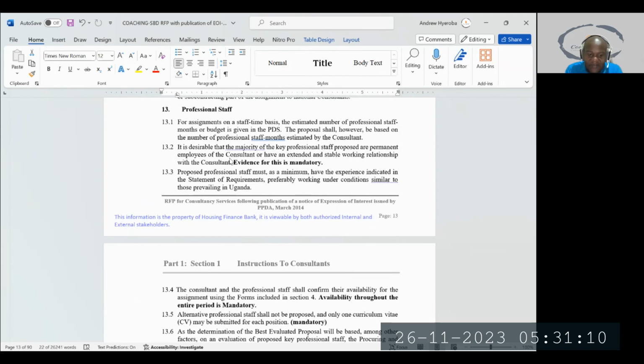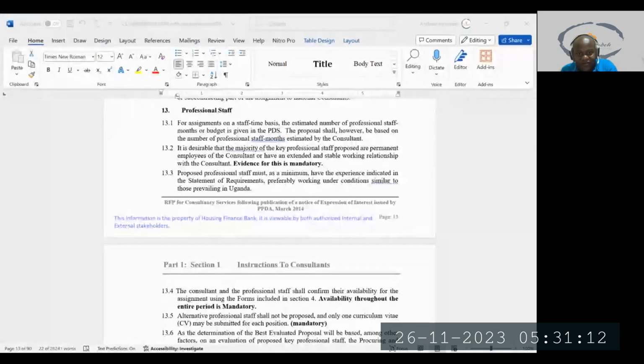So whichever consultant we put on this team is expected to sign and commit to working with the firm bidding under this bid we are developing. We're supposed to say, I am so and so, my CV is part of this exercise, and I'm committing to working with this company for the next 12 months during which this bid is open.